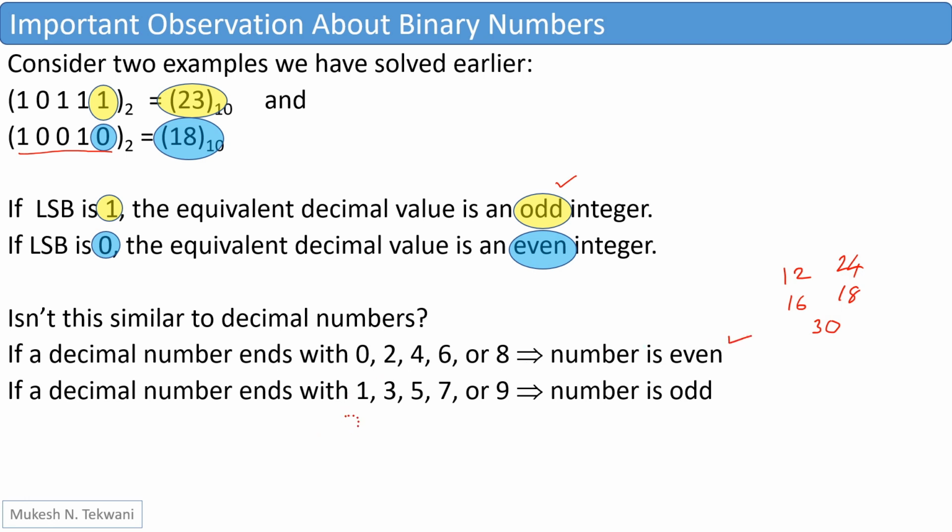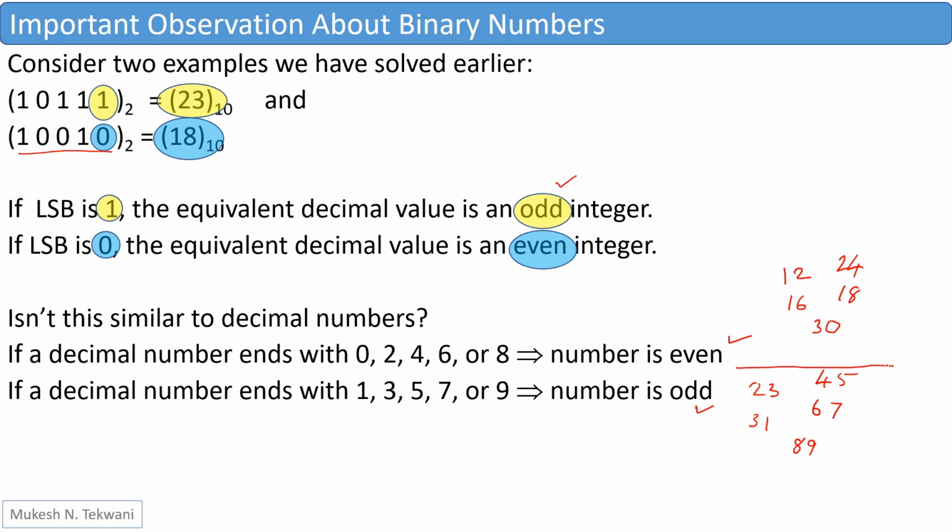And if a number ends with 1, 3, 5, 7 or 9 we say it's an odd number. So we'll have numbers like 23, 31, 45, 67 or 89. All such numbers we say are odd numbers.